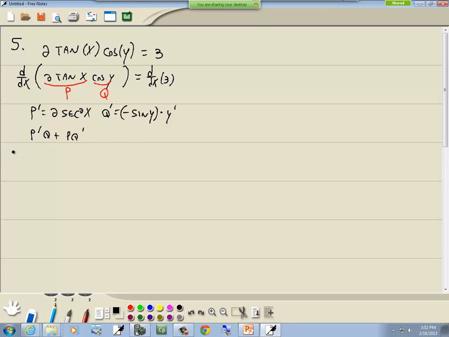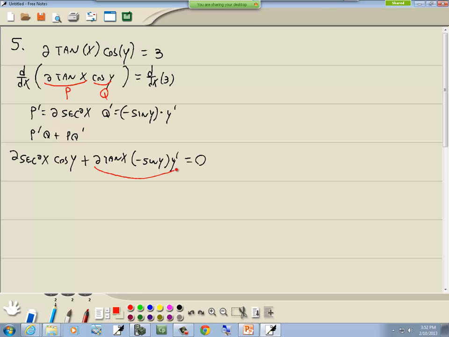So p prime is 2 secant squared times q, which was cosine y, plus p, which was 2 tangent x, times q prime, which was negative sine y, y prime. And derivative of 3 would give us 0. Okay, well, we want to get everything with a y prime on one side.